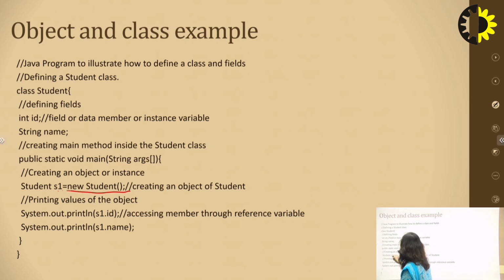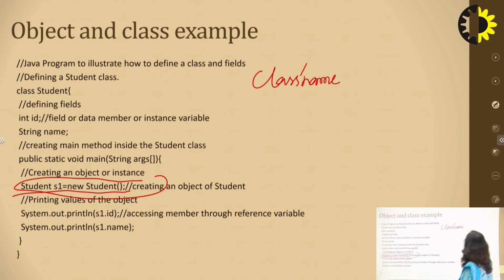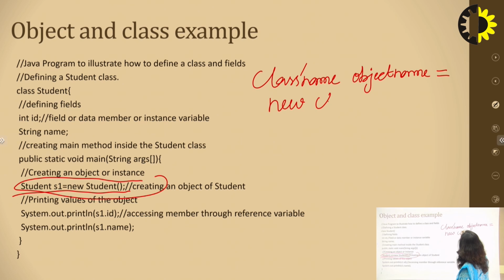First is the class name. That line of code must be included in your main method: class name, then object name equals new operator, and then the class name.